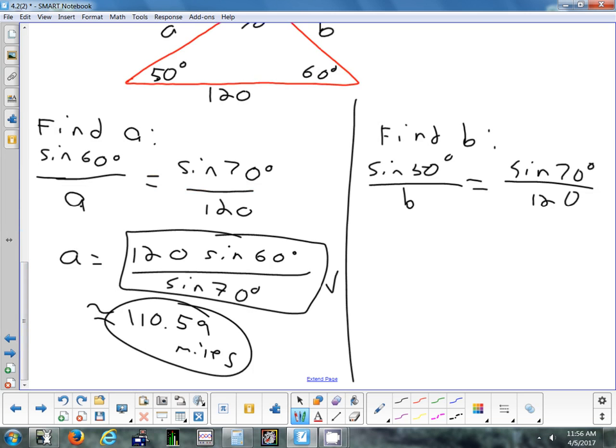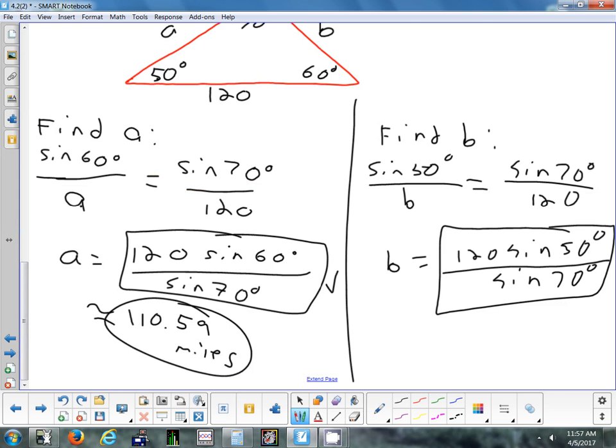But then you're going to have to divide by sine 70 again. So we got 120 sine 50 over sine 70. Does anybody already have what that is? 97.824.